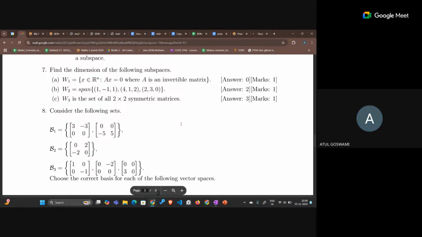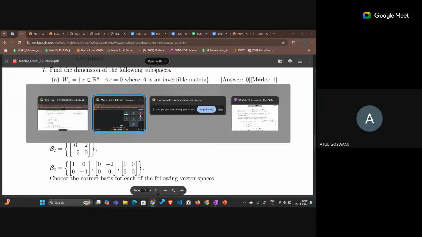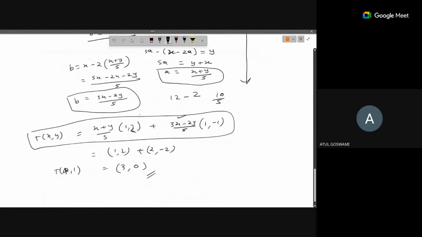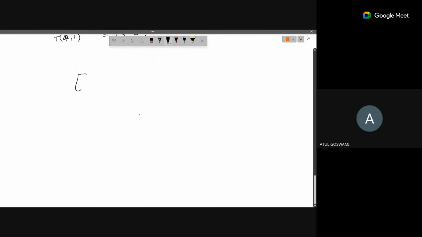And the other one, W3, right? Yes, W3 is the set of all 2 by 2 symmetric matrices. So this is a good question. What are symmetric matrices?